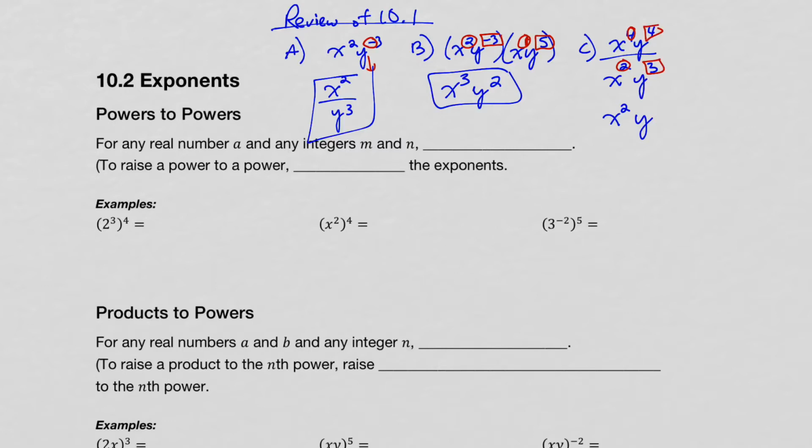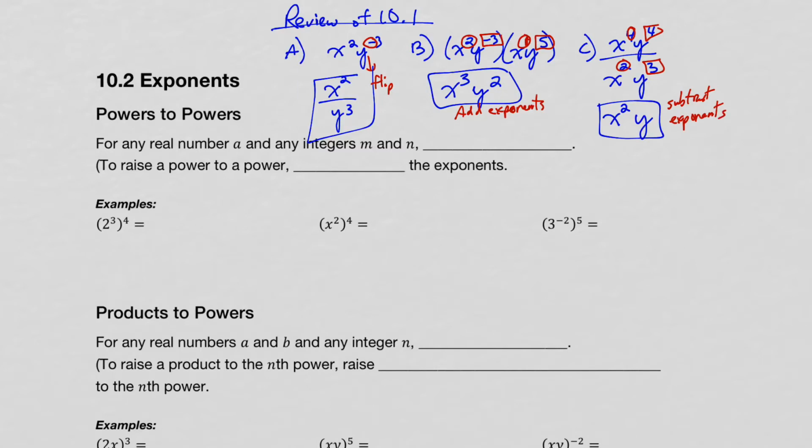So I can leave it blank, or I can actually write the 1 there. Okay, so again, here we flip the y. Here we added exponents of the same base, and here we subtracted exponents of the same base.